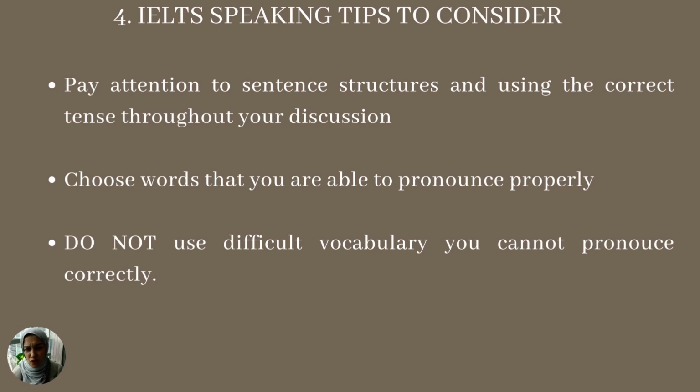Do not use words you have a difficult time pronouncing because this will score you a low band. You do not need to use difficult vocabulary that you have a hard time pronouncing. This is very important because this is 25% of your speaking section, so you need to be cognizant of this.